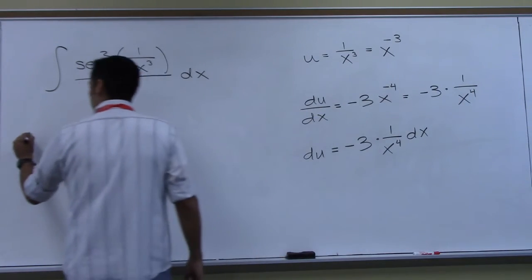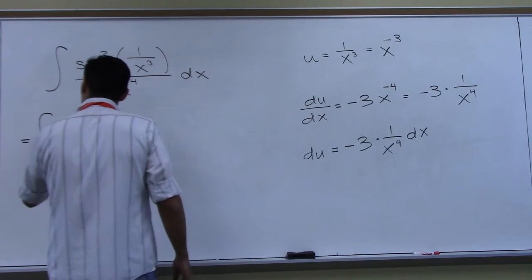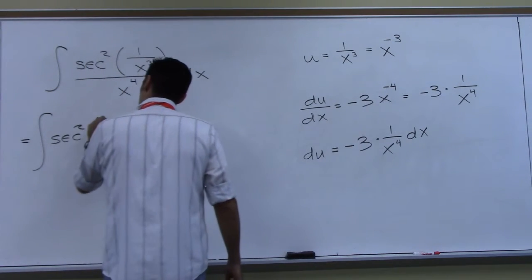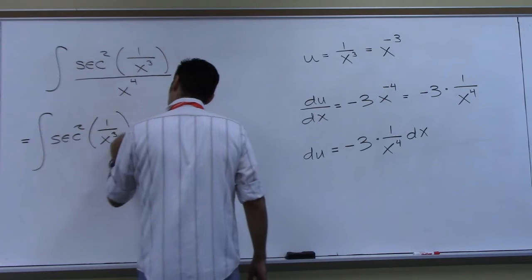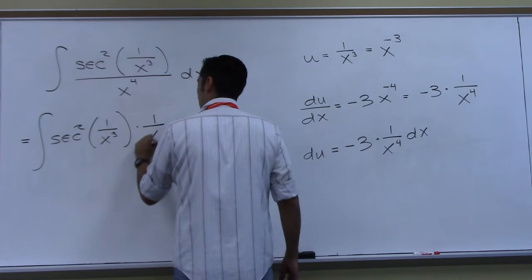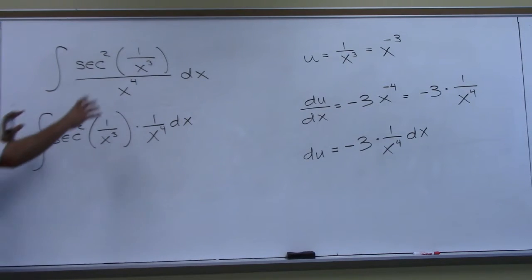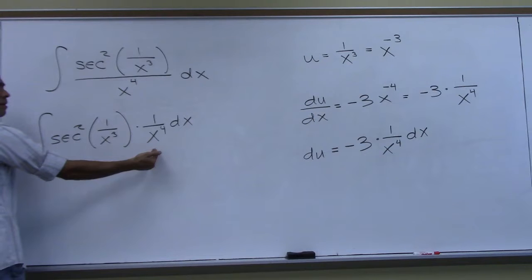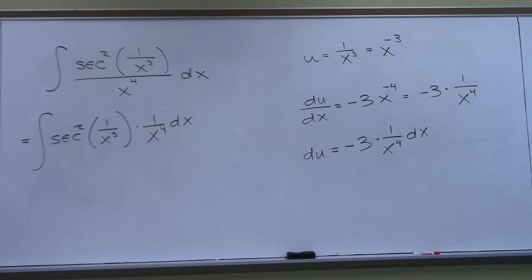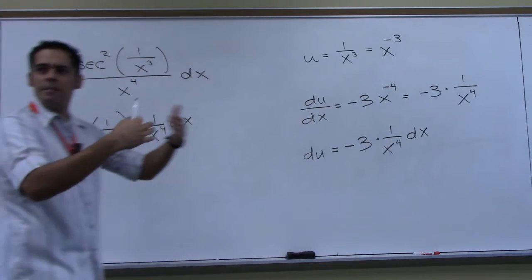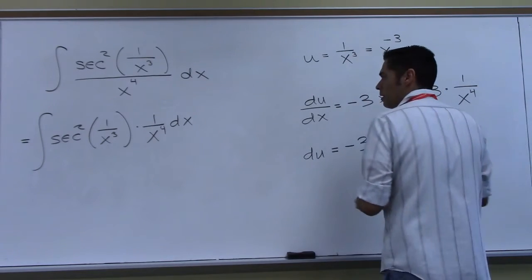So I'll rewrite the problem over here as secant squared times 1 over x cubed times 1 over x to the 4th dx. So all I'm doing is sliding that secant squared out here and leaving a 1 over x to the 4th and then the dx. Because it's all multiplication, it doesn't matter how I put those together.